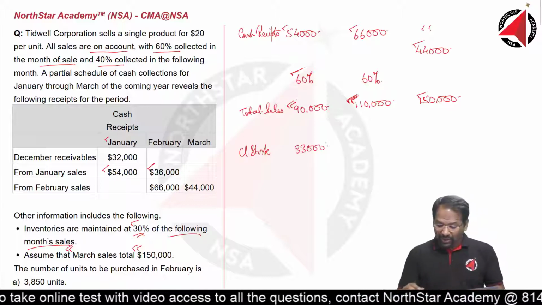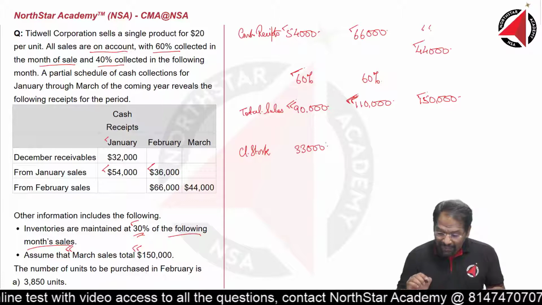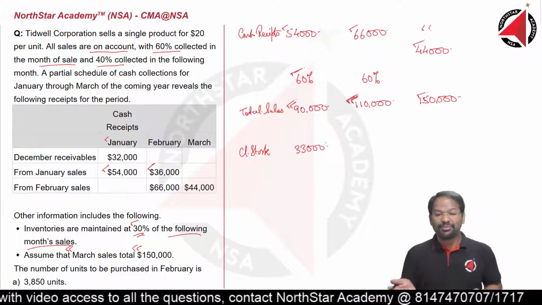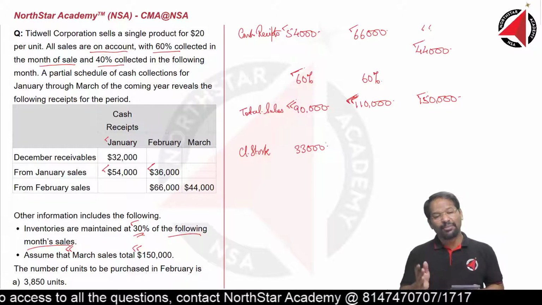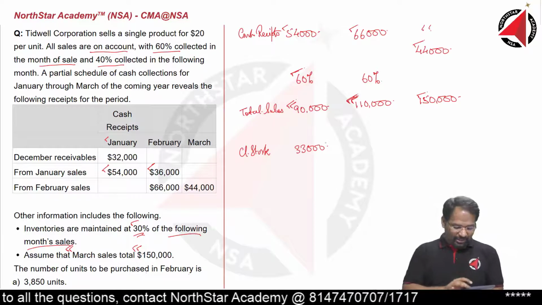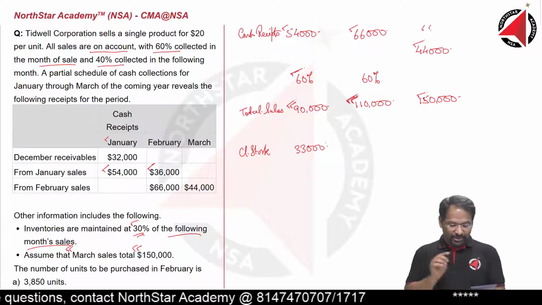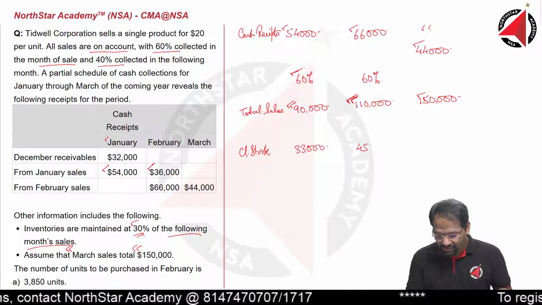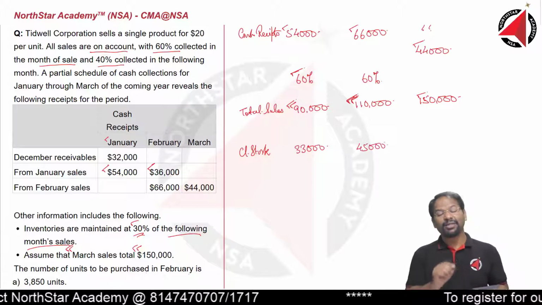Now, whatever is March sales, 30% will be manufactured in the month of February. So March's 150,000 multiplied by 30%, 45,000 will be February's closing stock.